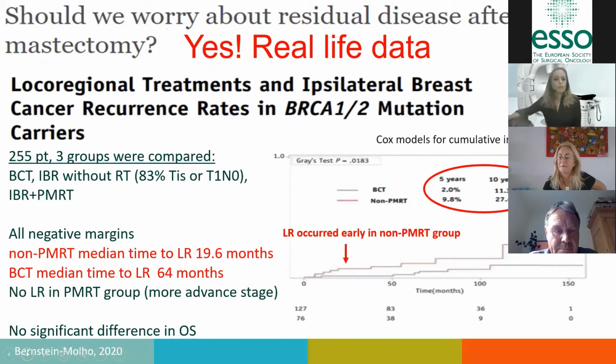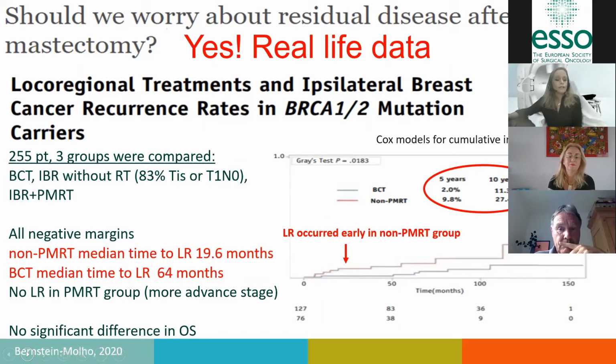We had 3 groups: a group of patients with breast conserving therapy, a group of patients with immediate reconstruction without radiation, because most of them were T1 or DCIS patients, and more locally advanced patients who had immediate reconstruction with post-mastectomy radiation.